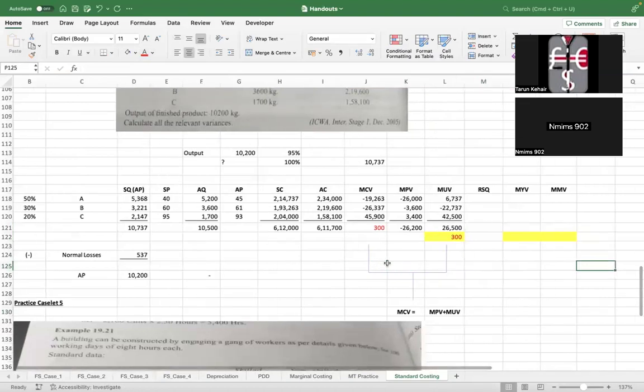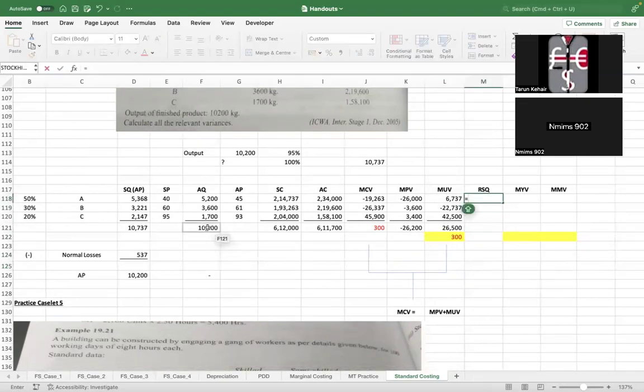Now we do RSQ. RSQ is revised standard quantities, actual quantities restated in standard proportions. So whatever our actual quantity is, 10,500, we will restate it in standard proportions. So 10,500 into 50%, 10,500 into 30%, and 10,500 into 20%.